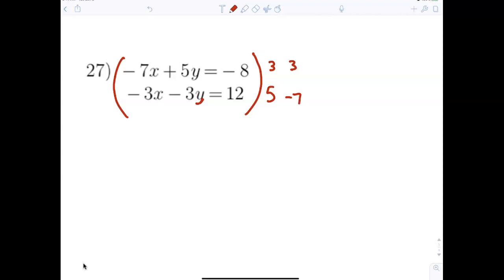Then what will happen? Yep, they become 21. And now the x's will cancel. It doesn't matter which one you do. You have to eliminate an x or you have to eliminate a y. And to do that, the coefficients have to be the same, except one of them has to be positive and one has to be negative.